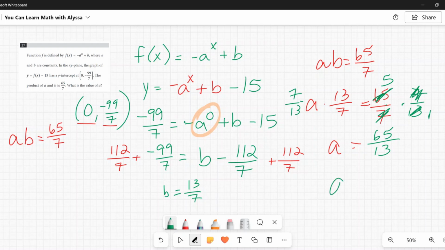Either way, I get 65 divided by 13, or 5 divided by 1, is 5, which is my value of a, and that is my answer. Yeah, I bet you didn't think we were going to get to 5 when we start with -99 sevenths, but here we are, and you have finished!